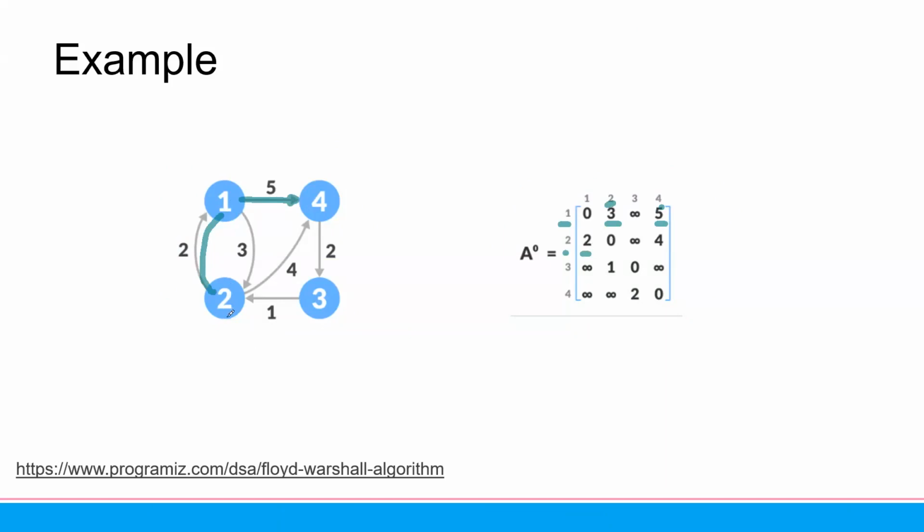From 2 to 3, we cannot find any directed edge, so we put infinite. From 1 to 3, because it is still not reachable, we also put infinite, and so on. So if you can find the edge, then you will put the weight. If you cannot find any directed edge, then you will put infinite.